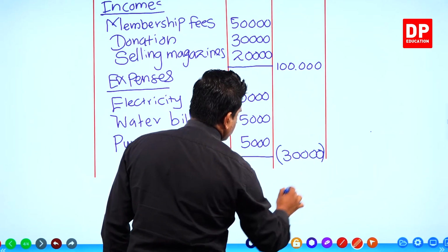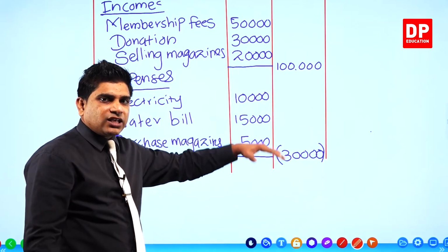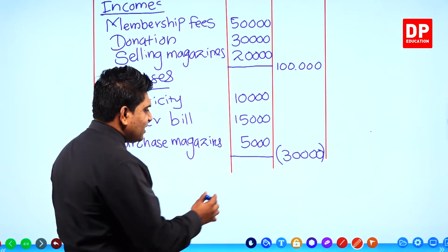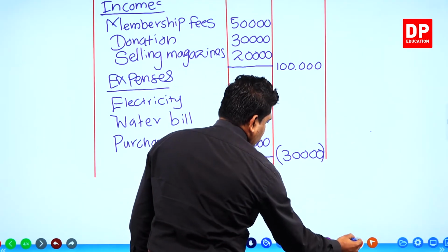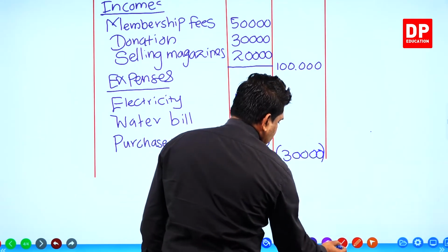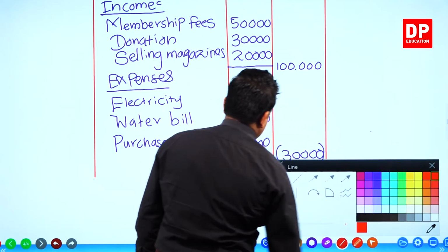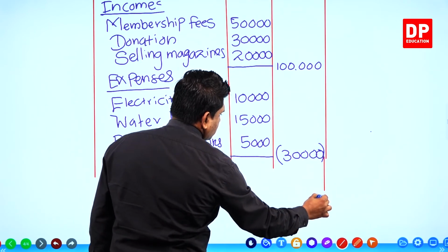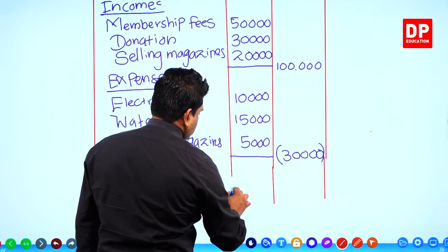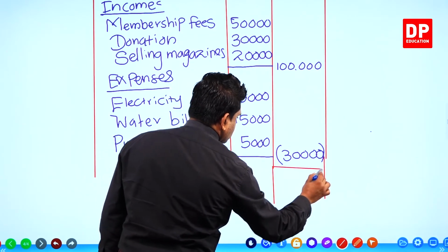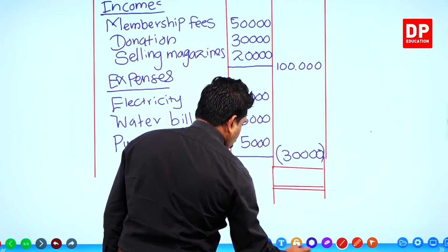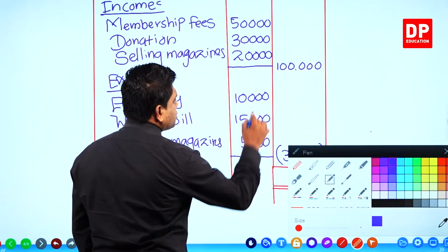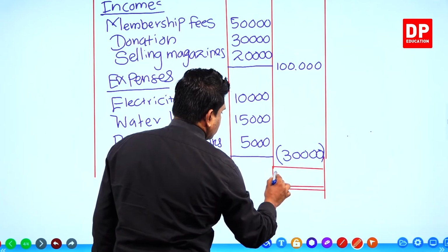Income minus expenses: income is more than expense, so you can see a surplus. Then you can get the total here. How much is the total? It's 70,000.